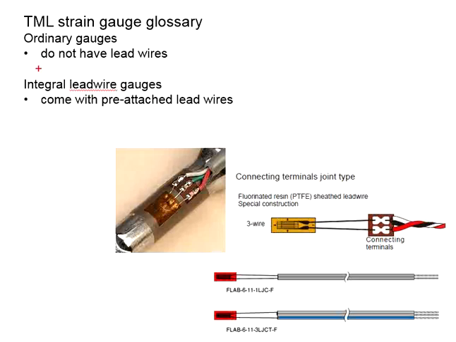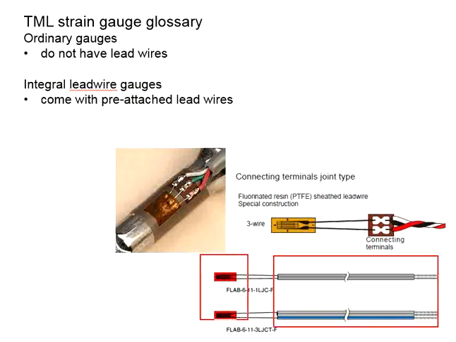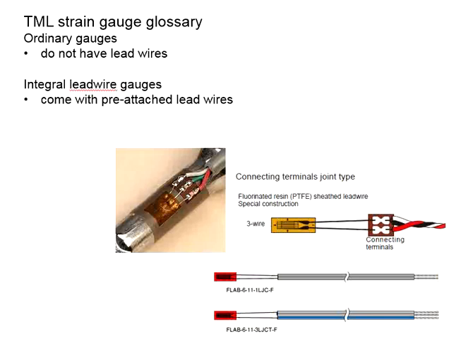Now, if you use the strain gauge with integral lead wire, the wire is already connected to the strain gauge as the final product. Normally, the wire is long enough for you to connect to the data logger. The wire can be 1 meter, 3 meters, or 5 meters long. There are two types of lead wire here.